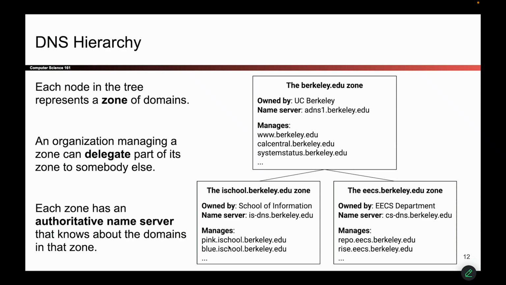So anything ending in ischool.berkeley.edu is no longer my concern. I cut that piece of the pie off and give it to this School of Information organization, and they have to set up their own name server to answer those queries. So to be a bit more formal, this is what the hierarchy actually looks like.